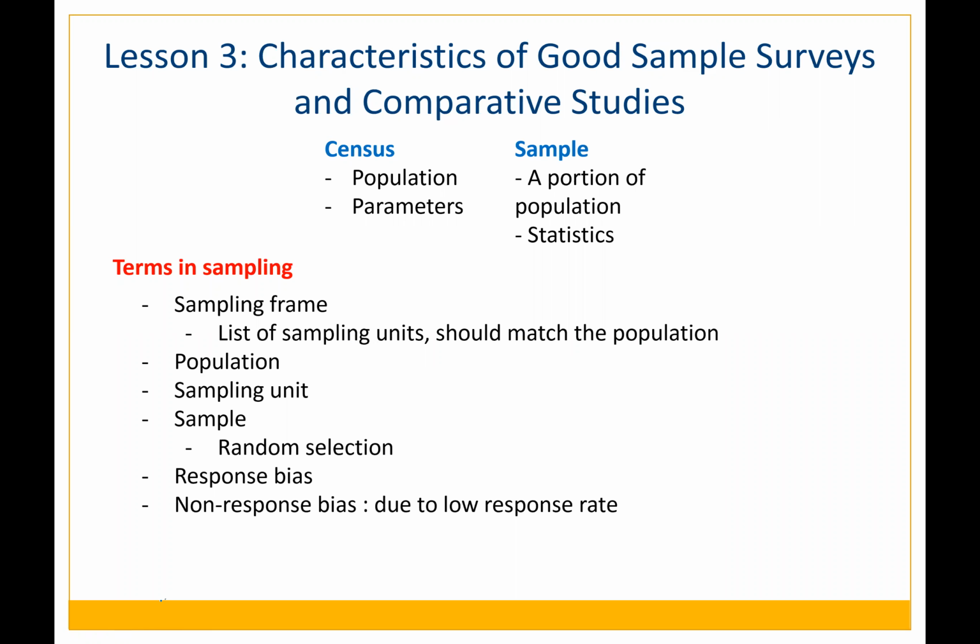Some of the concepts we need to know in this chapter are what a census is, what a sample is, and the difference between them. A census is a survey where you try to survey the entire population you're investigating.